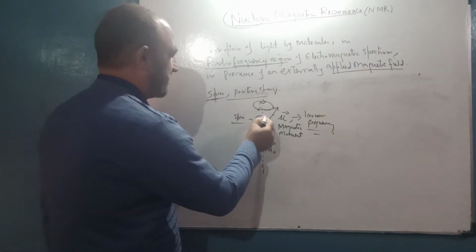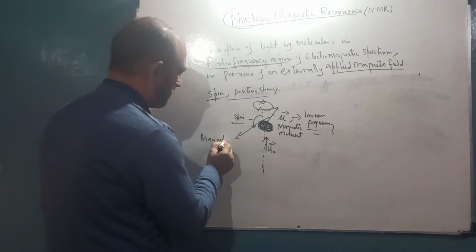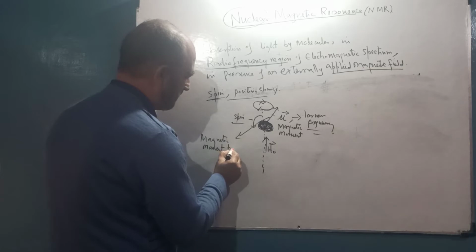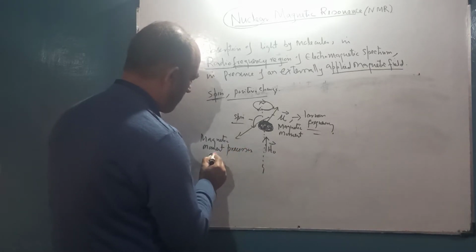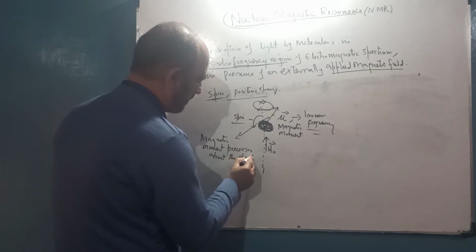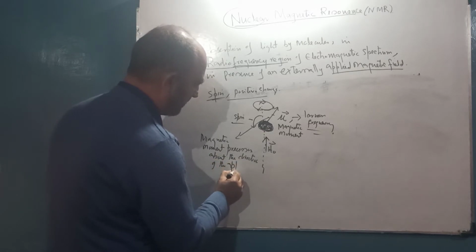So we have precession of this magnetic moment. The magnetic moment precesses about the direction of the applied field.